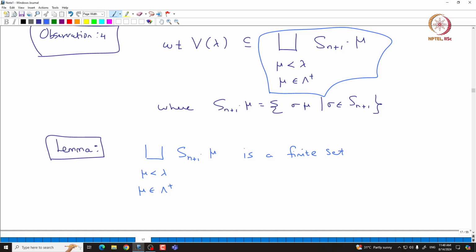So, each one of these orbits is finite. Once we prove that the number of dominant weights that lie below lambda is finite, that would imply that this set is finite. First of all, I want to emphasize that this is also indeed a disjoint union of orbits, because there will not be any intersection between two distinct orbits.